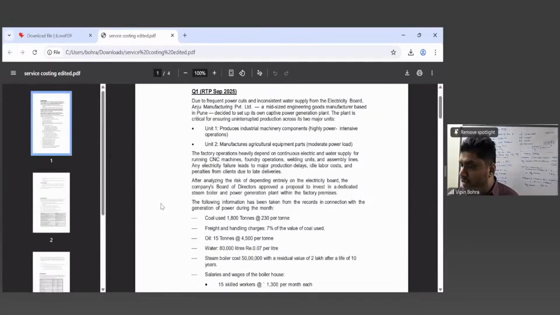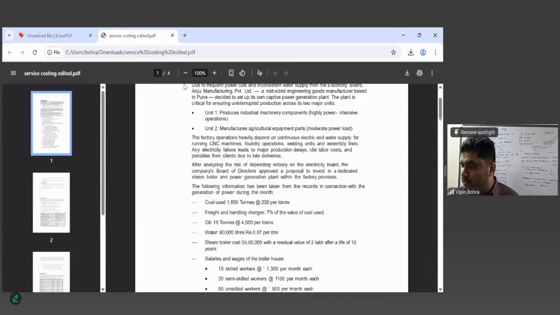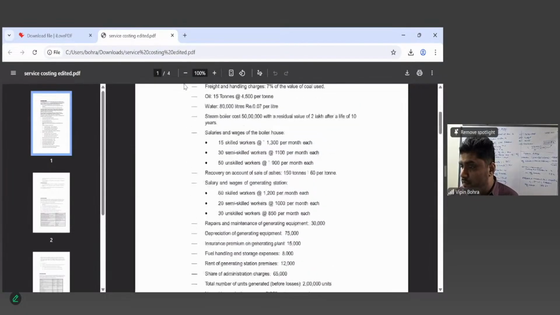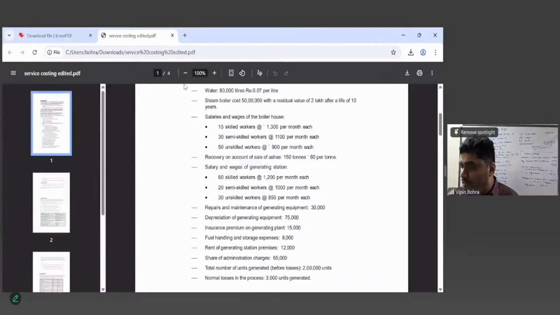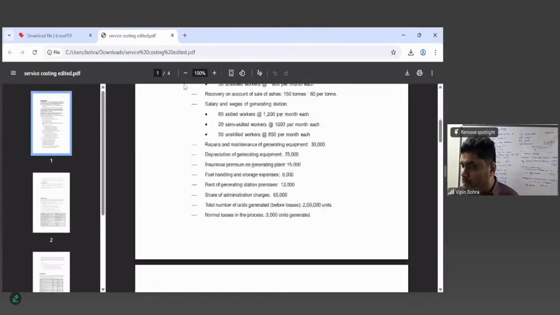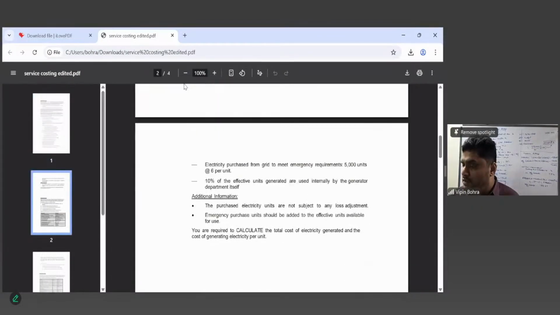Those who want can take a screenshot also. This is the first page, the second page, and the third page.